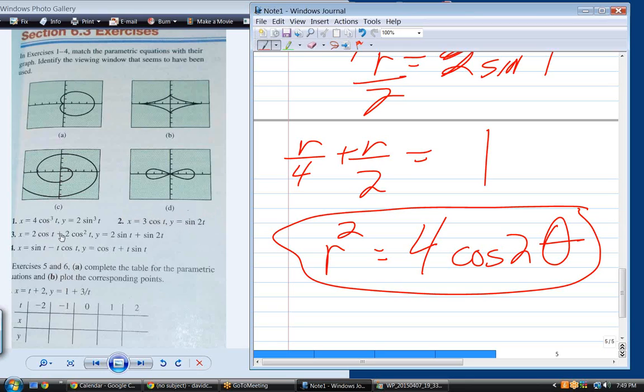And it looks like, wow, these are tough. Think about this a second.